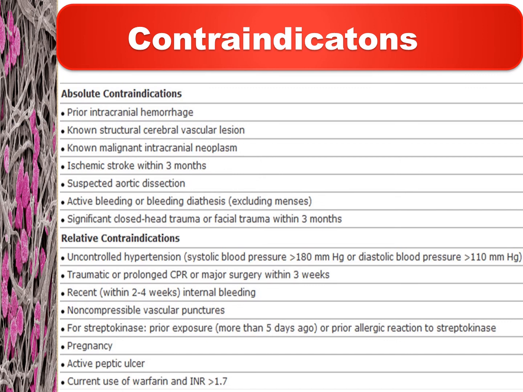Recent internal bleeding, within 2 to 4 weeks, pregnancy, and active peptic ulcer are also relative contraindications. Also, the current use of warfarin and an international normalized ratio more than 1.7.